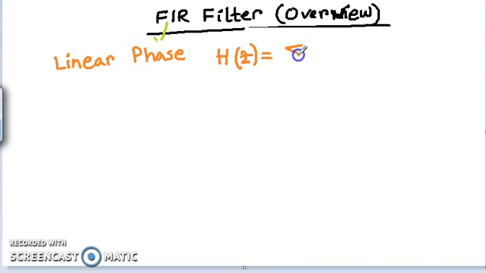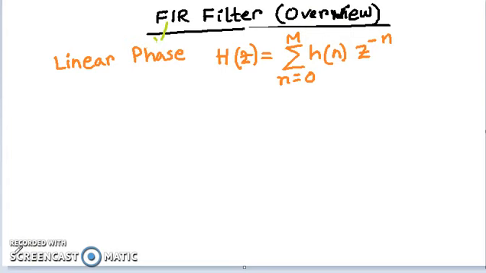So I am substituting that bk with the value of h(n), where h(n) is having its usual meaning, that is, it is the impulse response. So bk is actually the value of impulse response. Now n is ranging from 0 to, we have considered it as M, so z to the power minus n. This is the transfer function of FIR filter.